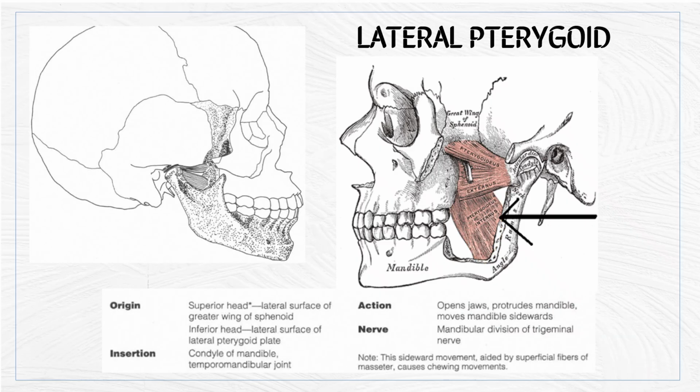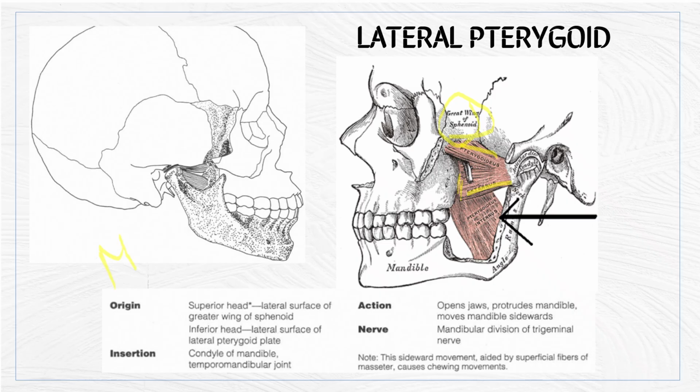The next muscle is lateral pterygoid muscle. It has a superior head and an inferior head. The superior head arises from the lateral surface of the greater wing of the sphenoid bone. This is the sphenoid bone, its greater wing. The inferior head arises from the lateral pterygoid plate, that is, the lateral surface of lateral pterygoid plate.